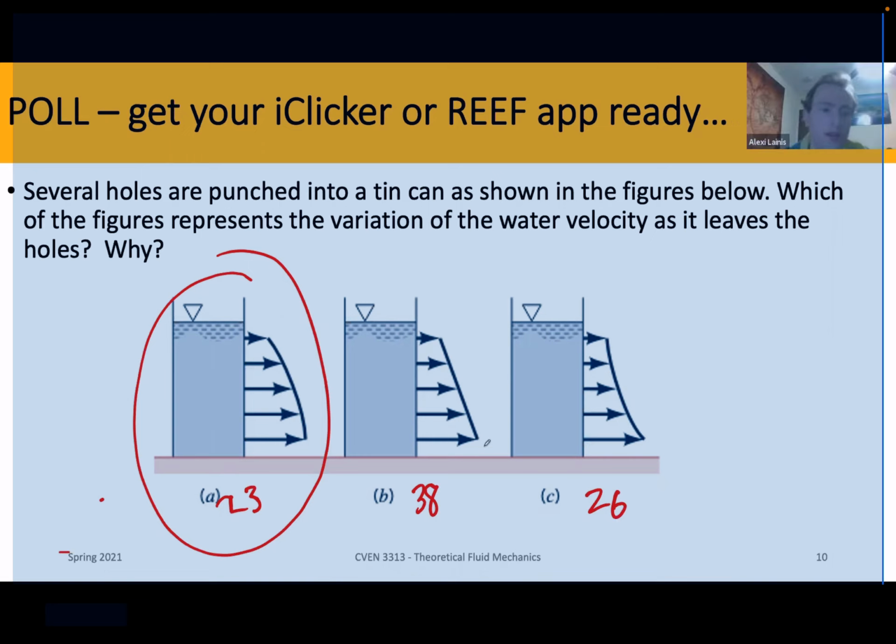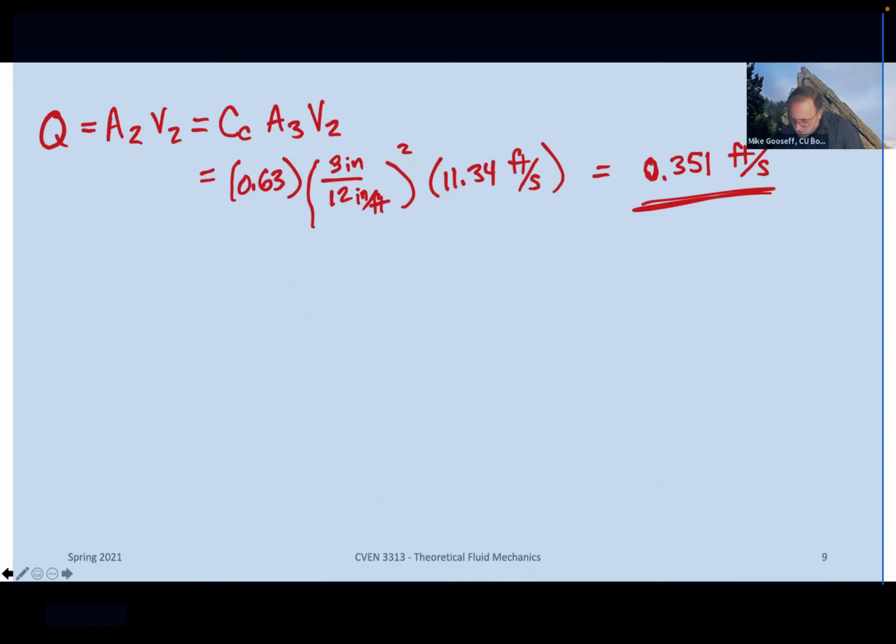Alexi, did anything come up? I think the problem before this, I think you forgot to write a pi over 4 somewhere, but I guess. Okay, I'll go back to that. And I'll just real quick, does anybody have any questions on this before I go back to that one? Okay, terrific. Let me go back here then.